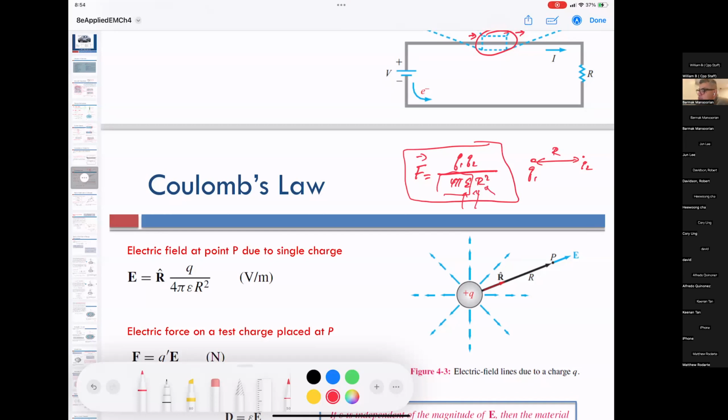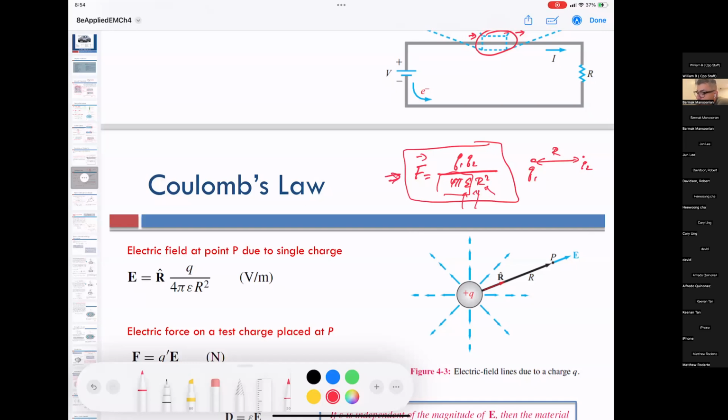As the distance between the two charges gets bigger, the force goes down very fast. This 1 over r squared function is pretty strong. So the force depends on distance as 1 over r squared. Okay, so this is really Coulomb's law here.